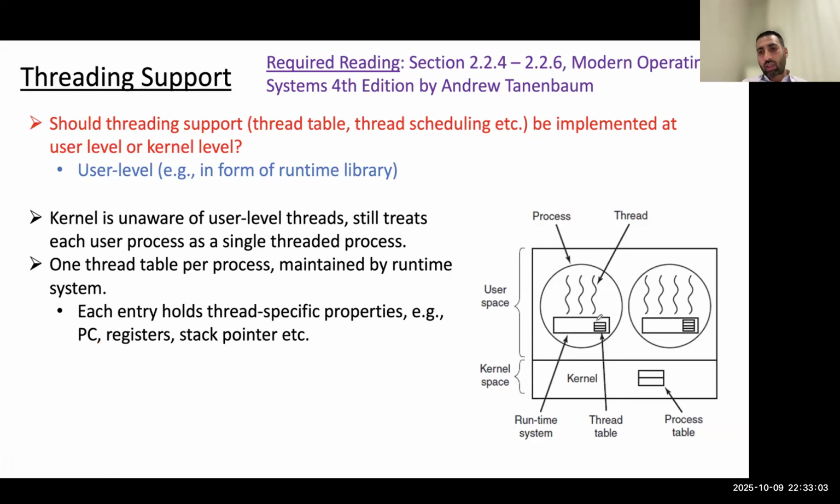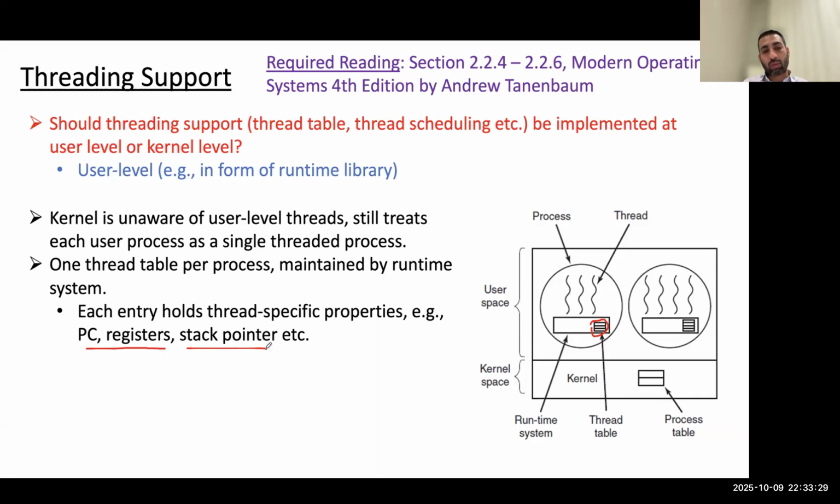So it maintains a thread table for each process where it keeps the thread specific information. For example, the content of the program counter registers, program counter, other general purpose registers, and stack pointer, right? And remember that we don't need the kernel level privileges to read or to access this information.